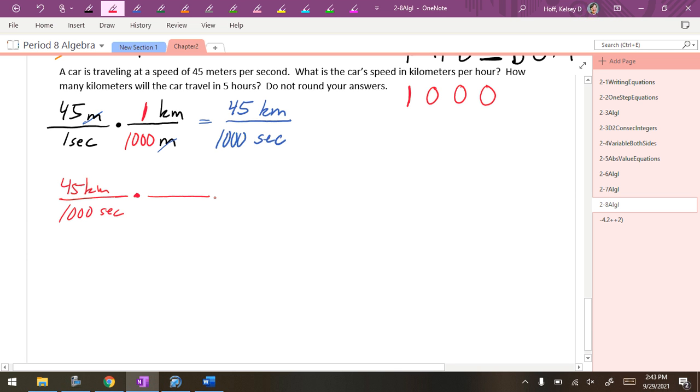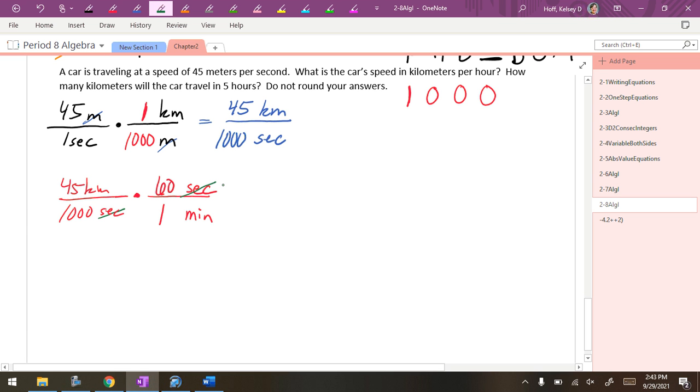Now we need to convert seconds. Seconds currently is in the denominator. I need to move it to the top. Now, seconds does not directly connect to hours. What's the next unit up? Minutes. That's where we need to connect it to. What is my connection between seconds and minutes? 60 seconds in 1 minute.